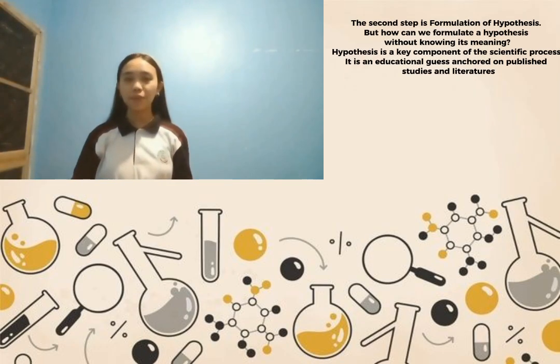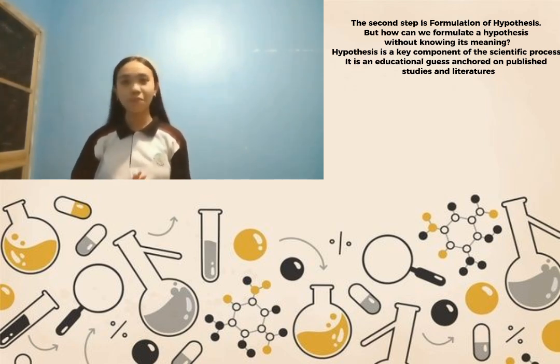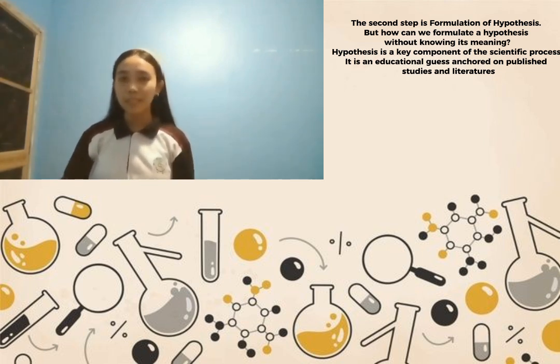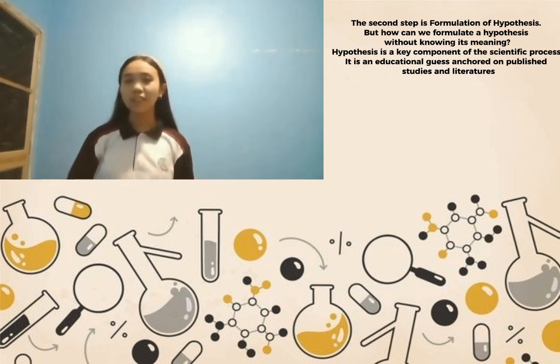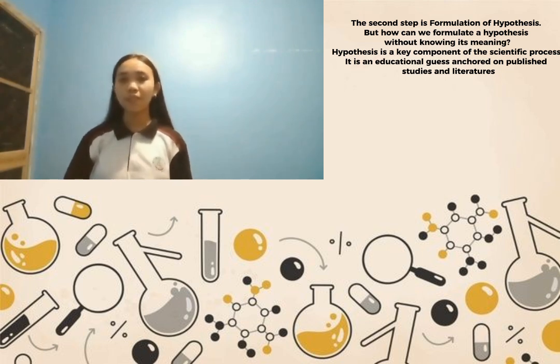The second step is formulation of a hypothesis. But how can we formulate a hypothesis without knowing its meaning? A hypothesis is a key component of the scientific process. It is an educated guess anchored on published studies and literature. It is also an idea that is suggested as an explanation for a natural event, a particular experience, or a specific condition that can be tested through definable experimentation.